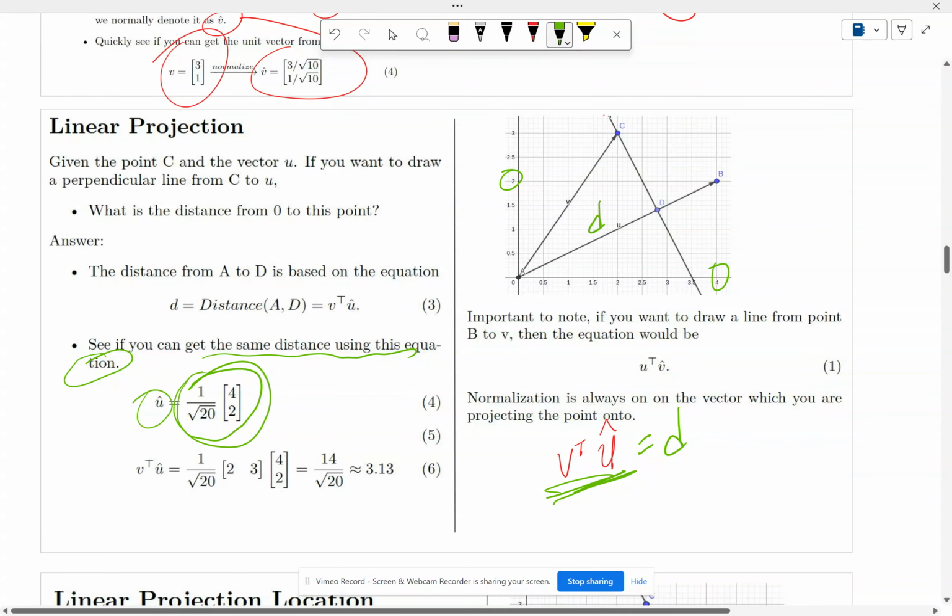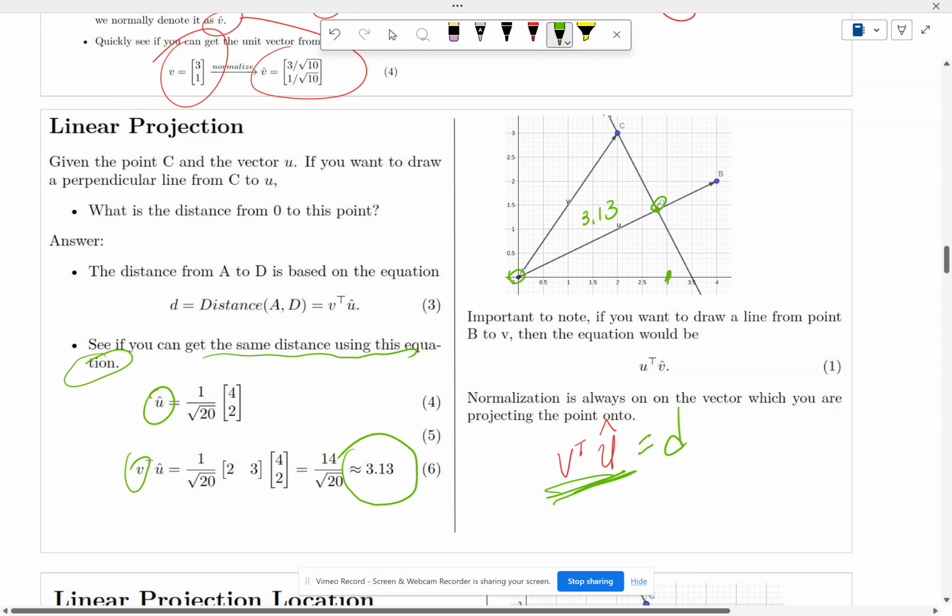Okay, now if we do the dot product of u hat with v, notice how the result is roughly 3.13. So that's what this is saying: the distance from here to here is 3.13.